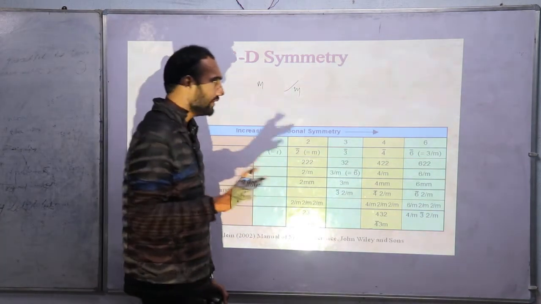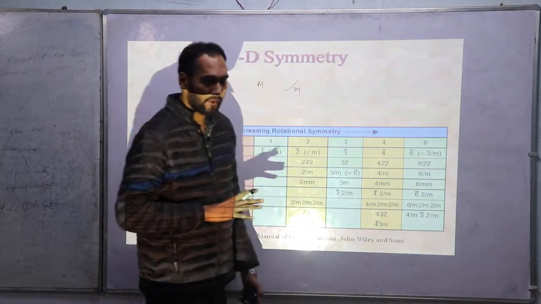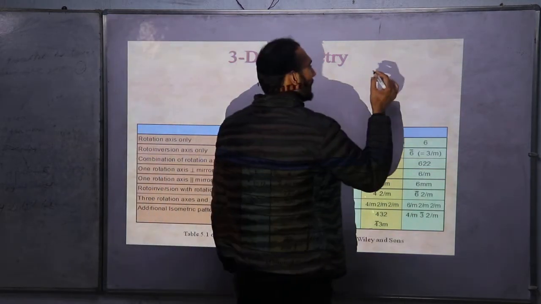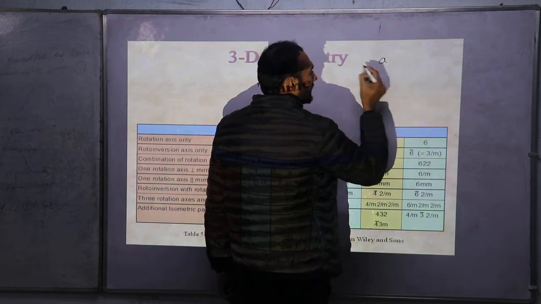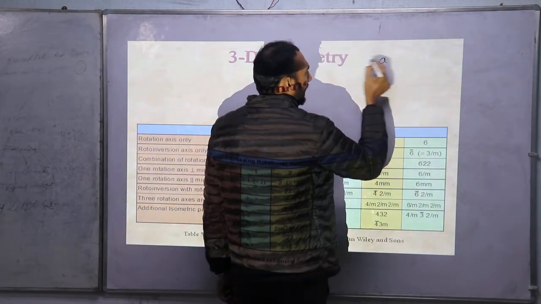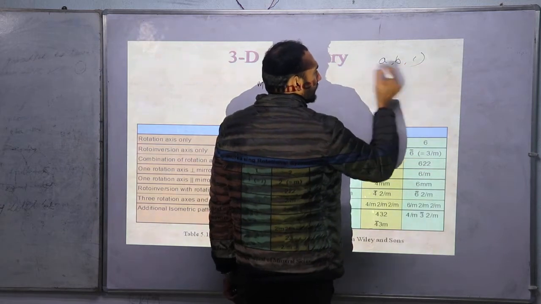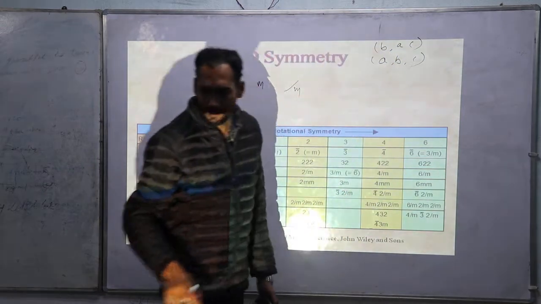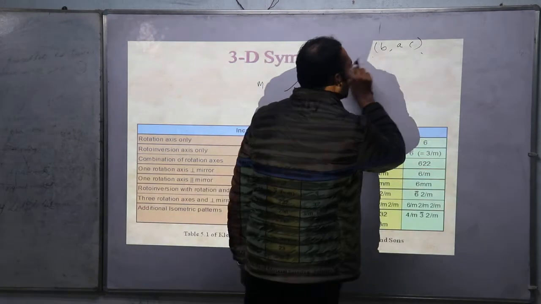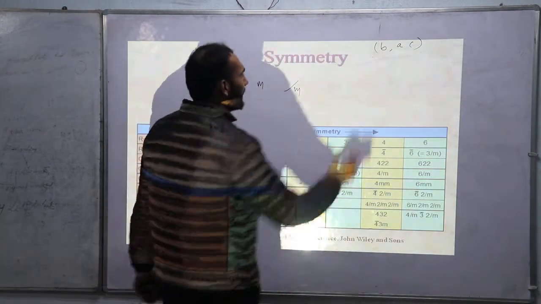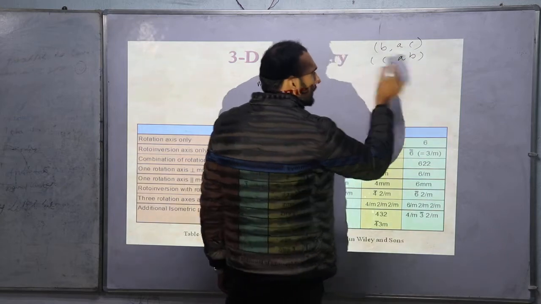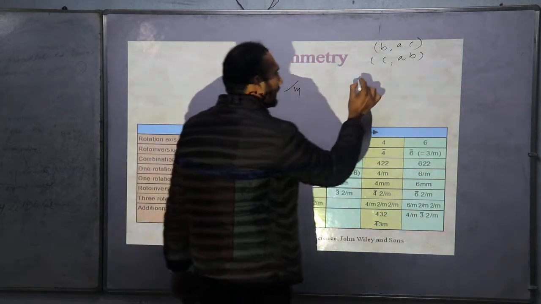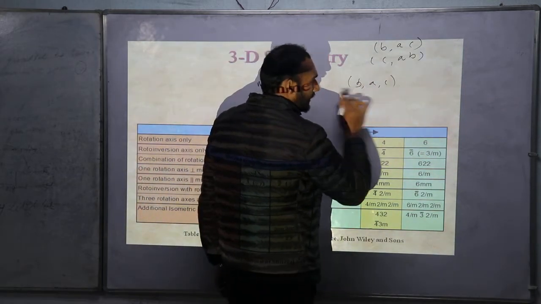For example, I have not taught you yet, but let's say in the orthorhombic system the positions are like ABC, or some people also take BAC or CAB. I will repeat it again.